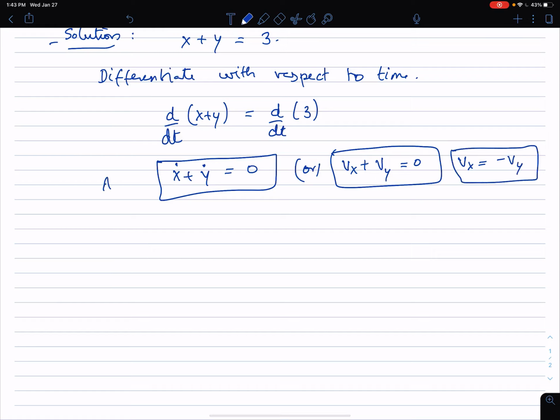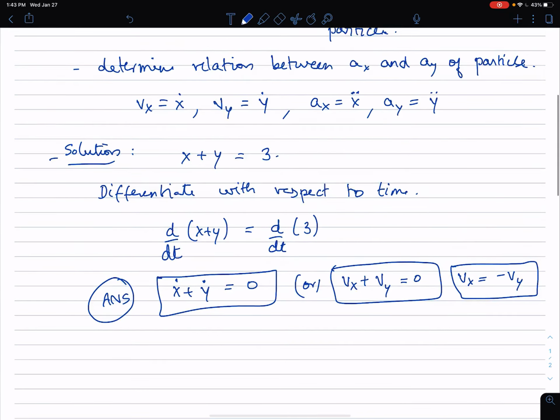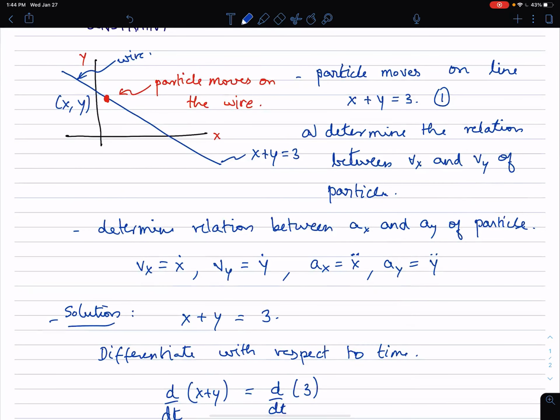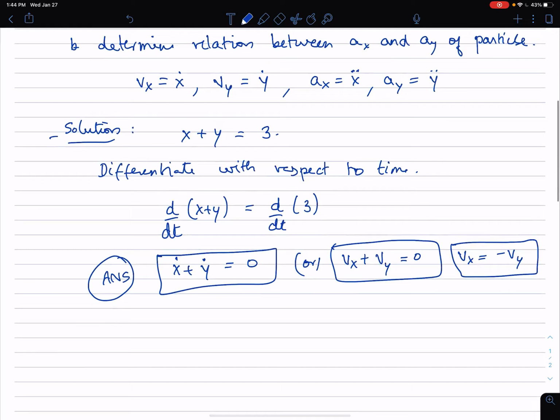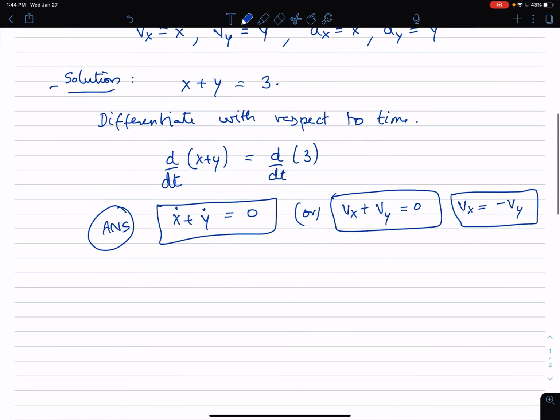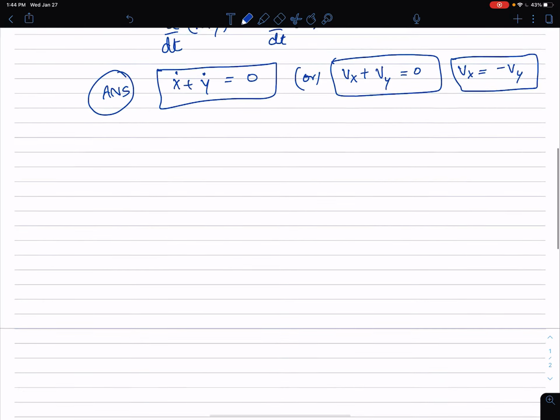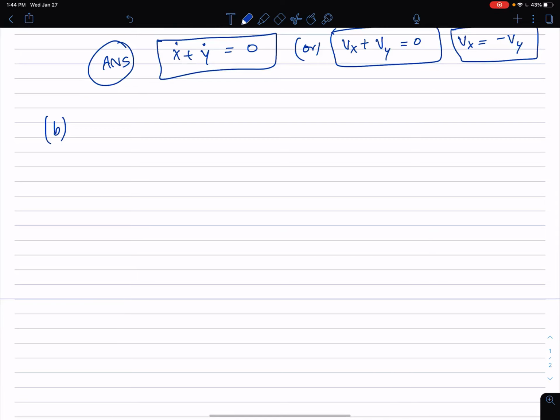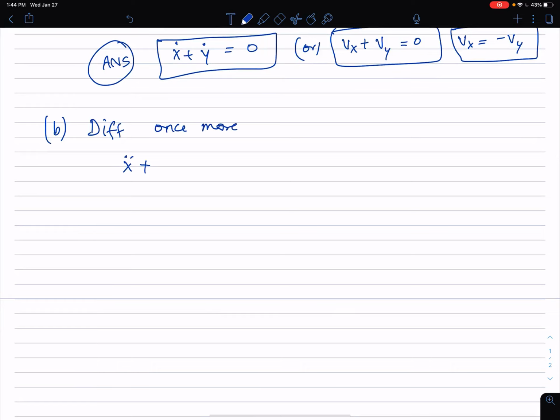So these are all answers for part A, I suppose. Let's call this part A. Let's call this part B. This is part A. And then for part B, we differentiate once more, and we just get x double dot plus y double dot equals 0, or ax plus ay equals 0.